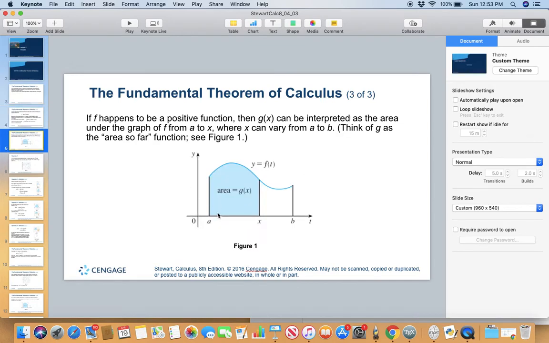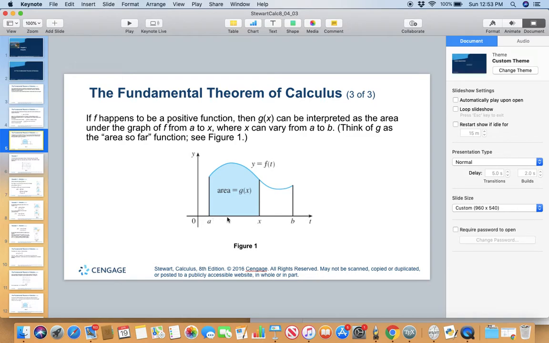Okay, here is a pictorial representation. If f happens to be a positive function, that is, it is above the t-axis, then g(x) can be represented as the area under the graph of f from a to x. So when x is a, you have no area. You start off with 0.